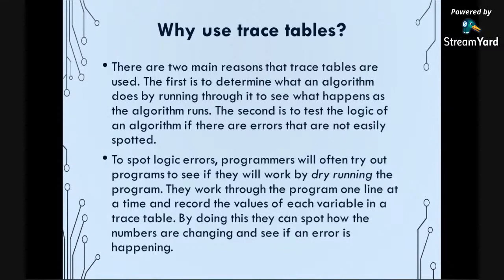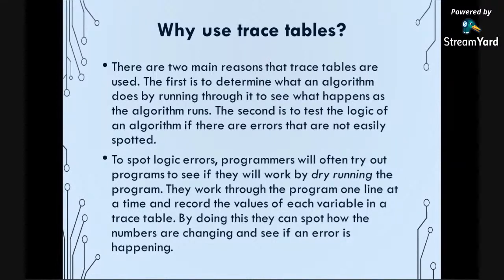So to spot logic errors, programmers will often try out programs to see if they work by dry running the program. This is a term that programmers use, dry run, which basically means that you're going through the program without a computer, working through it a line at a time, and writing down the values of each variable in a table, otherwise known as a trace table.